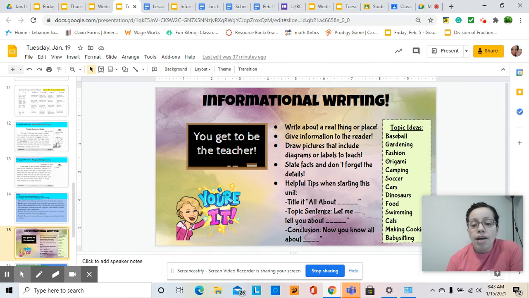Then you need to have a topic sentence where it says, "Let me tell you about," and you always need to end with a conclusion. "Now you know all about." Some topic ideas can be all of these. Of course, you will be assigned a topic, but for today, we're just looking at what informational writing is.